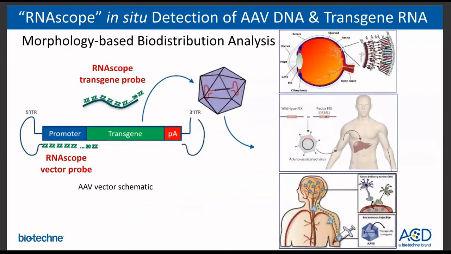So this is the slide you already saw at the beginning of this presentation. This shows you adeno-associated viruses, AAV, which are proven to be effective delivery vehicles with high transduction efficiency, stable gene expression, broad tropism, and the ability to achieve systemic delivery.